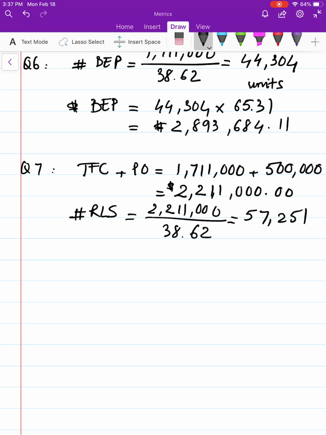Now, the dollar revised level of sale would equal the unit level of sale times the unit selling price, and that equals 3 million and some change.